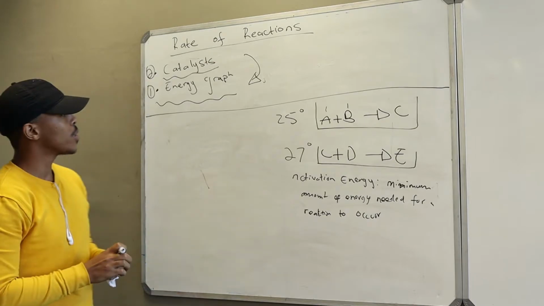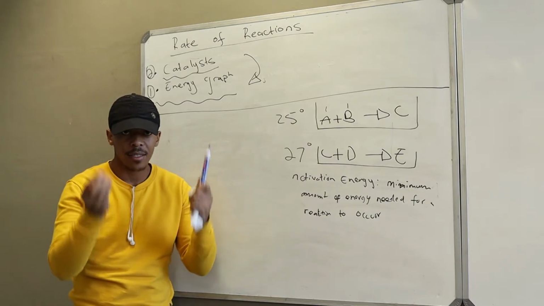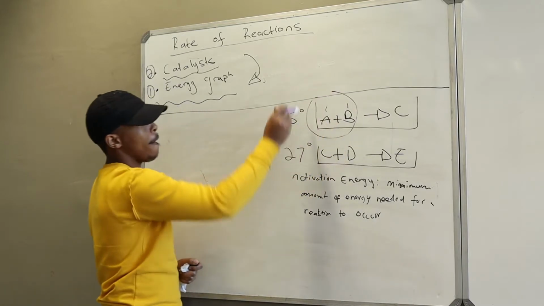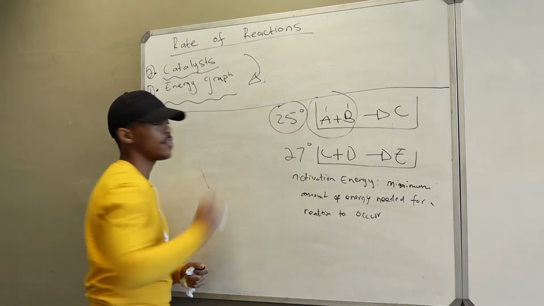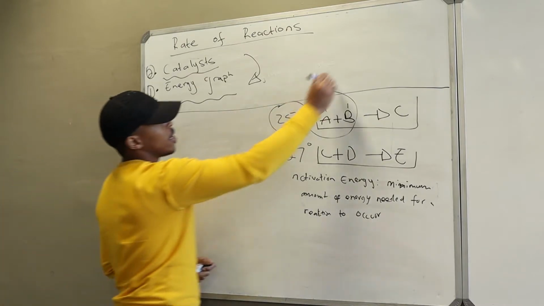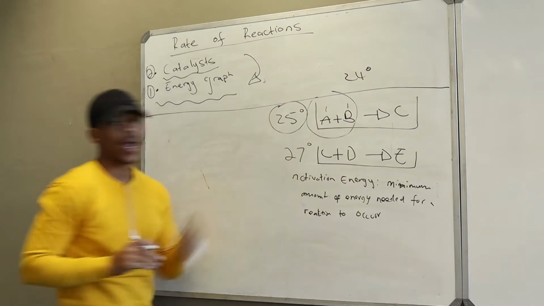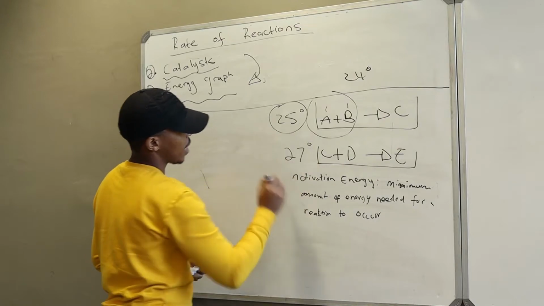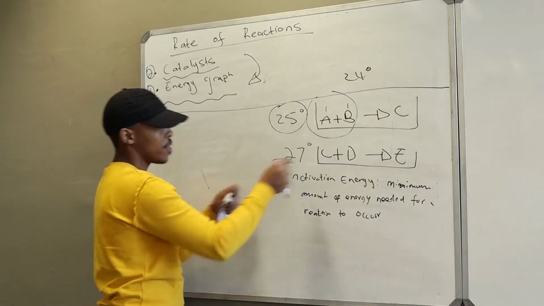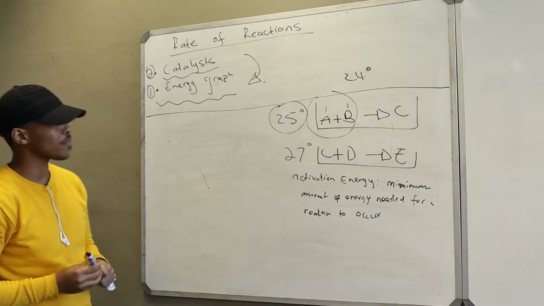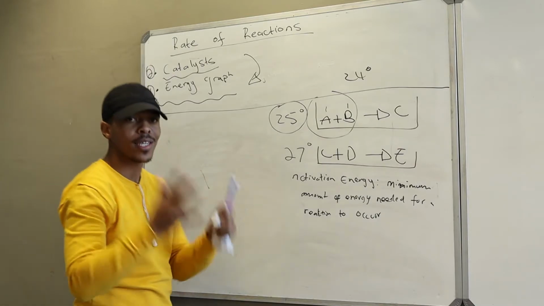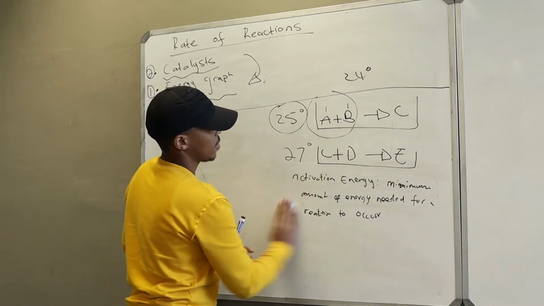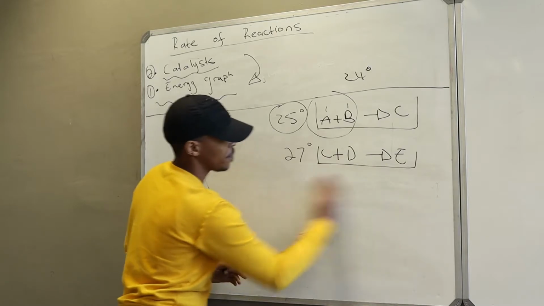So it means if reactants are forming at a temperature below the activation energy temperature, let's say 24, this reaction will not happen. And if this one also happens at a lower temperature, then this reaction will not happen. So a certain amount of energy is needed to start certain reactions. Right, so we got that out of the way.